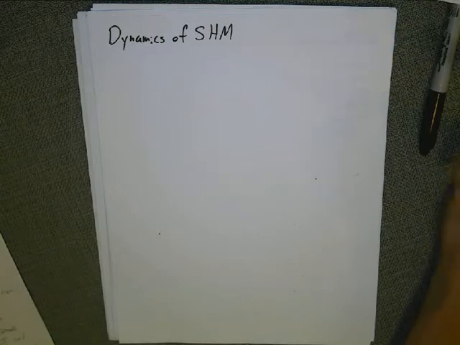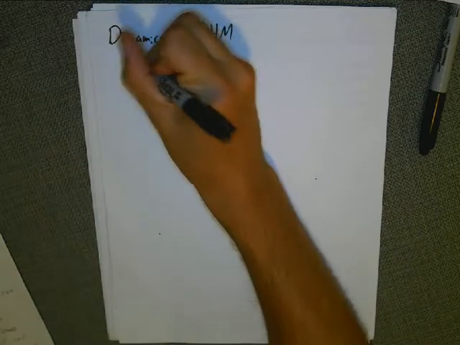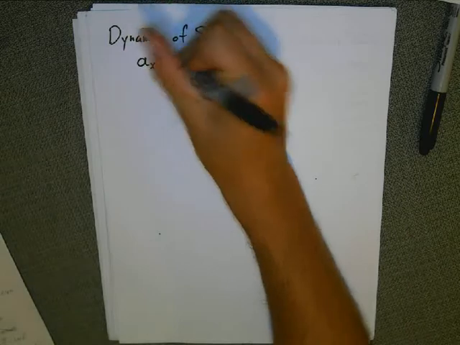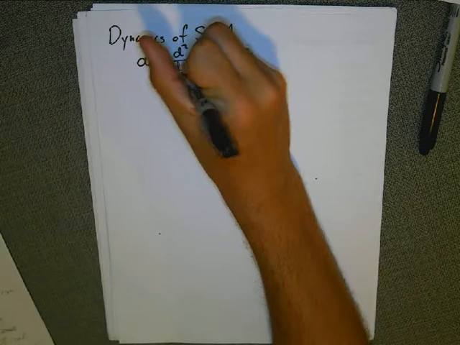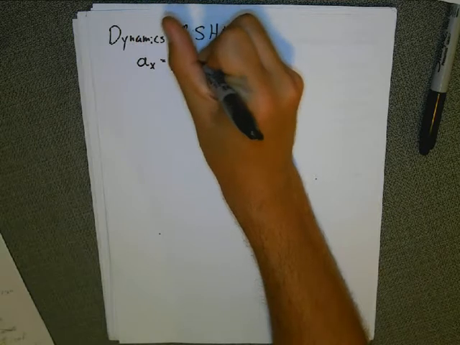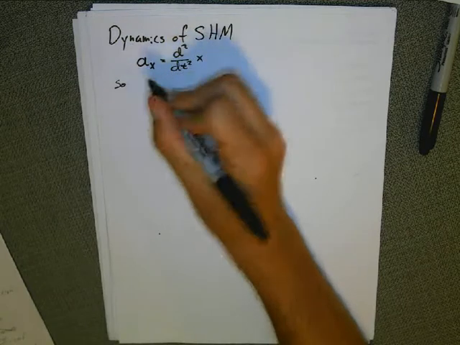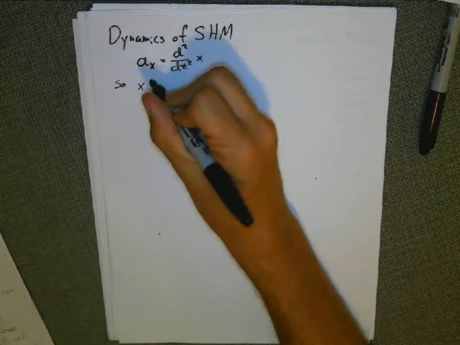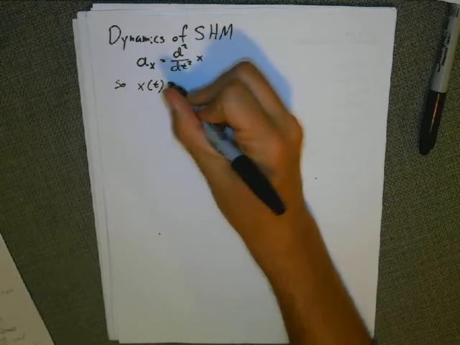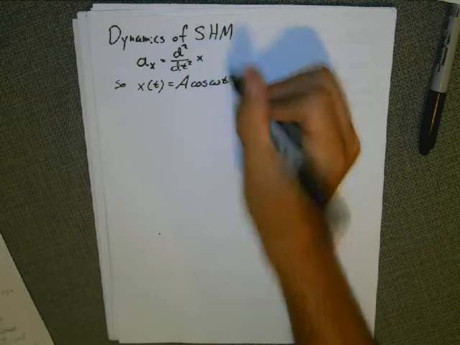For an oscillator, well actually let's start with for anything, the acceleration is equal to the second derivative with respect to time of x. If you remember from the first video in the online lecture, we have x equals A cosine omega t.